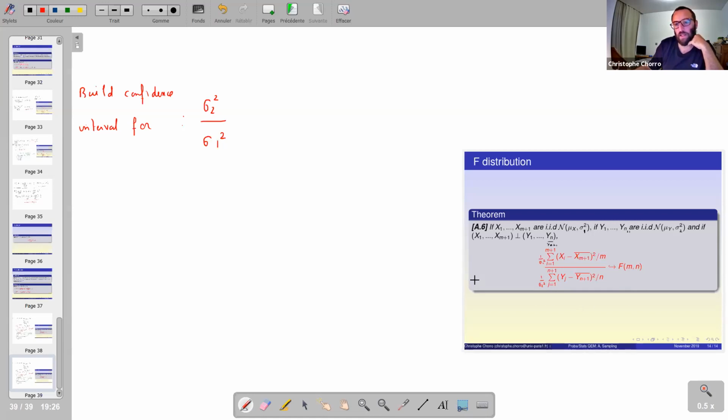And so in this situation, you will be able to find a confidence interval for this, and typically to see if, for example, from these two sets of observations, you can deduce that the two variances are equal or not. It's one way you can do it.